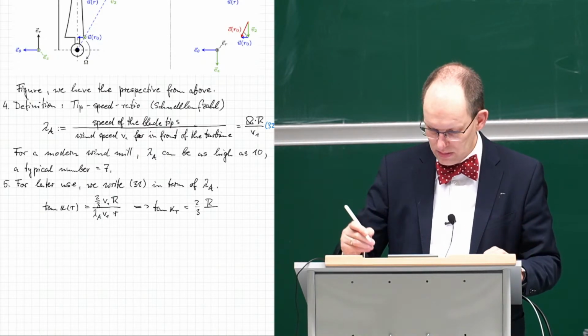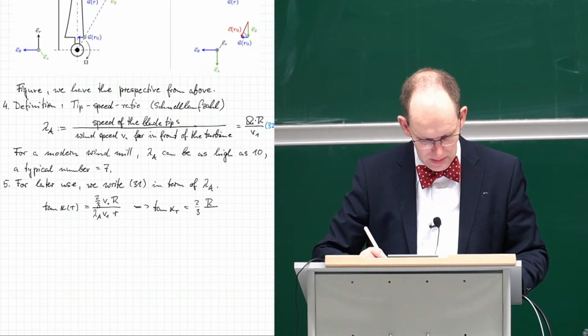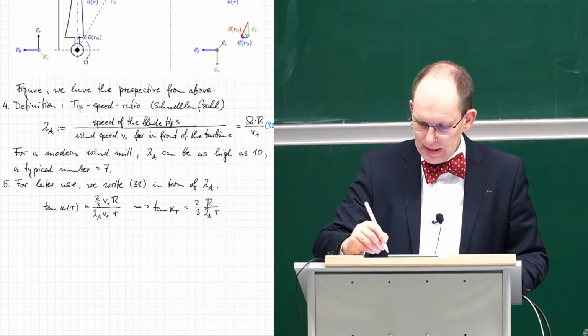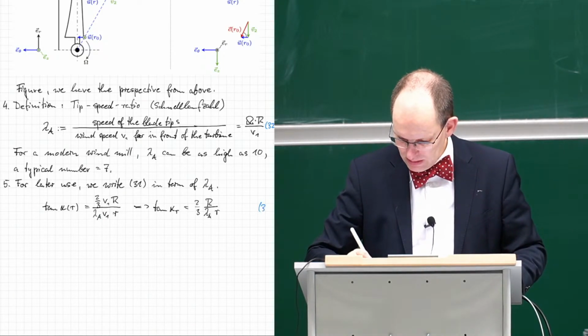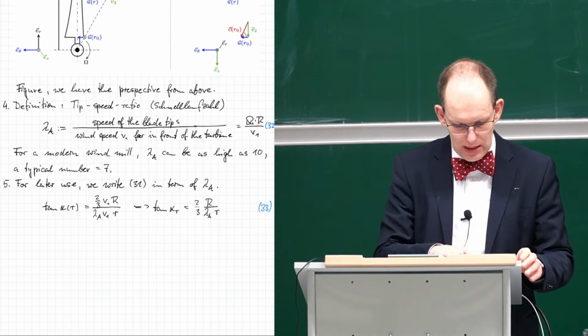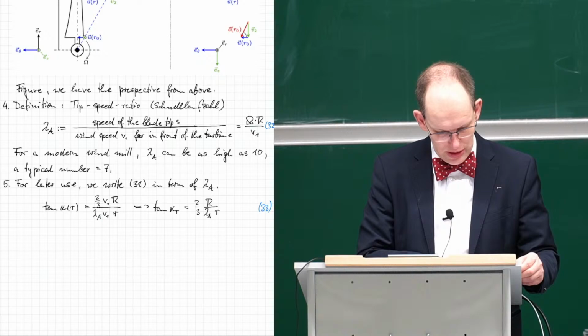Well, r is, of course, the radius of the windmill. I hope I have mentioned that at some point. So these are the things so far. Good.